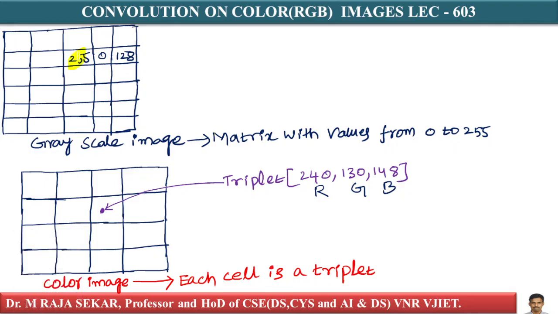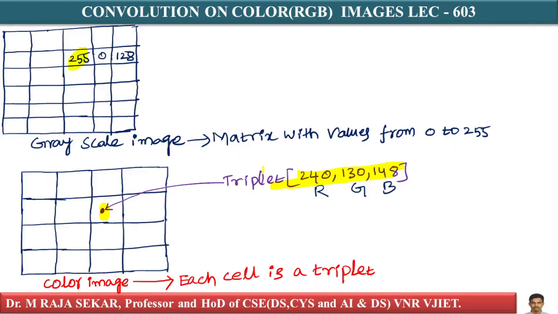In a grayscale image you have only one value, but in a color image you have a value for R, a value for G, green, and a value for blue. Each pixel is represented by a triplet.